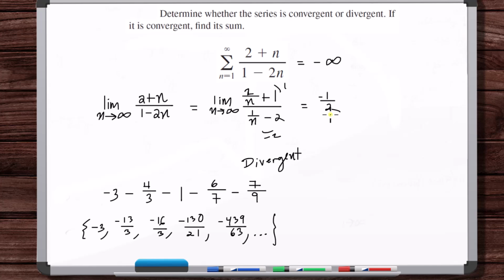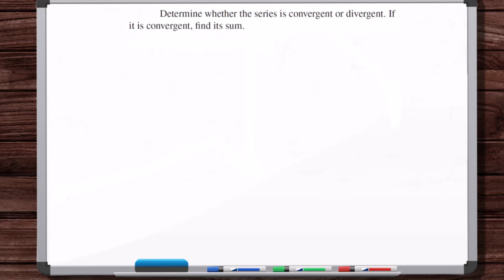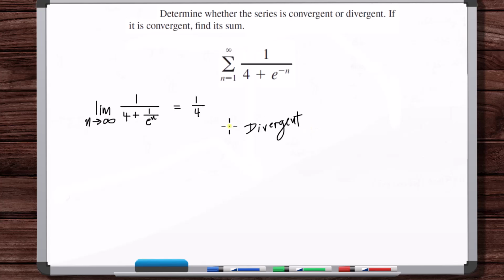You're constantly just off at infinity doing -1/2, -1/2, -1/2. So with that, we could have just seen that this is going to diverge to negative infinity. And same idea here. This is going to diverge to infinity.